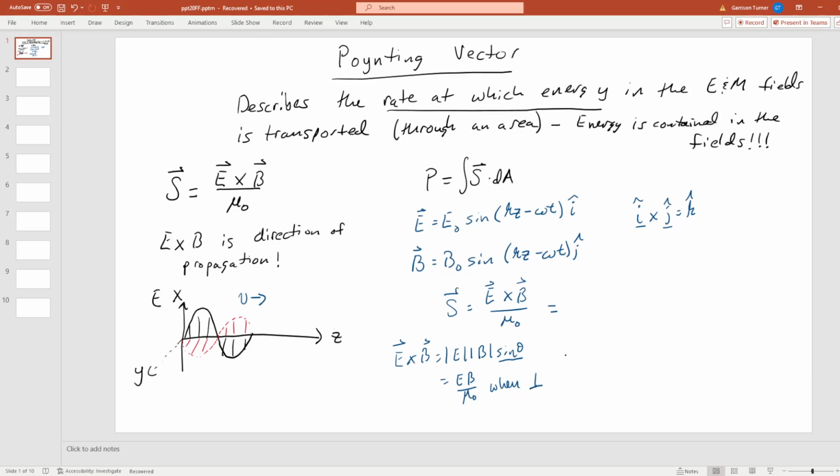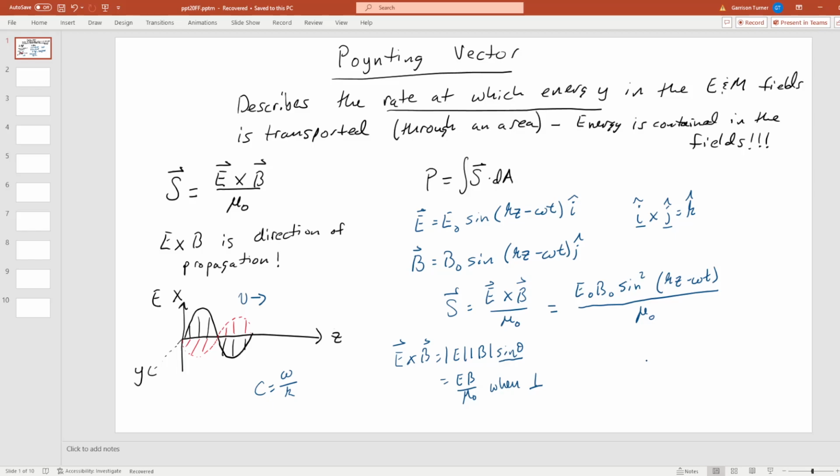Okay? So that gives us E naught B naught times sine squared kz minus omega t. And remember, we have the condition that the speed of light would be omega over k. All right, so keep that in mind. And then this is going to be divided by the permeability constant.